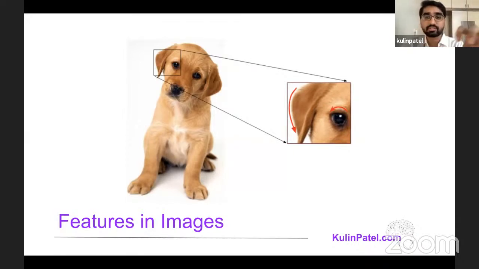Then, if you give a large amount of data, thousands of images, it will eventually understand that the image has eyes, ears, nose, legs, and all these things. These are called features, and we first have to extract the features and then classify whether it's a dog or a cat, a mango or a banana.